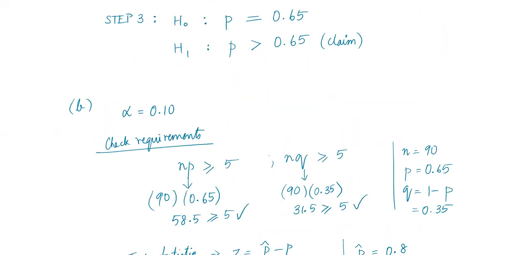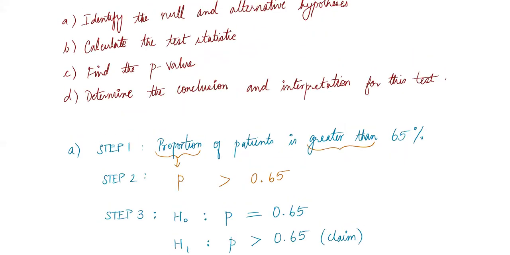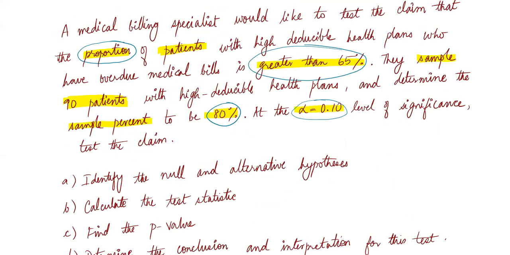Technically, X stands for the number of successes, in this case the number of patients with that high deductible plan and overdue bills.